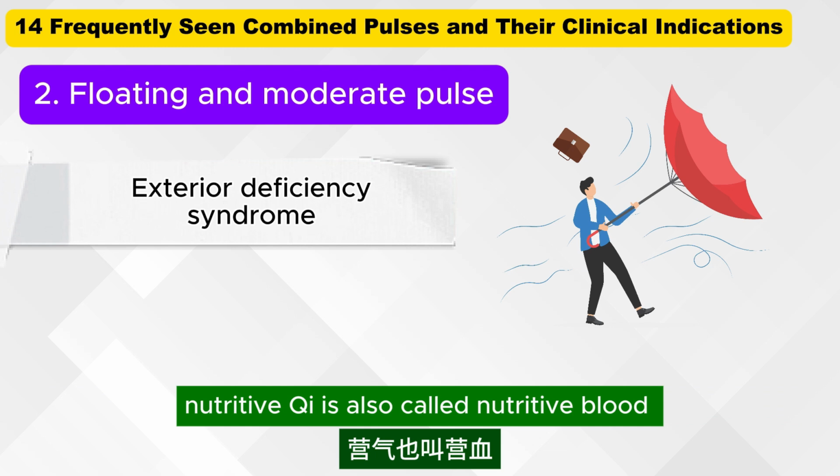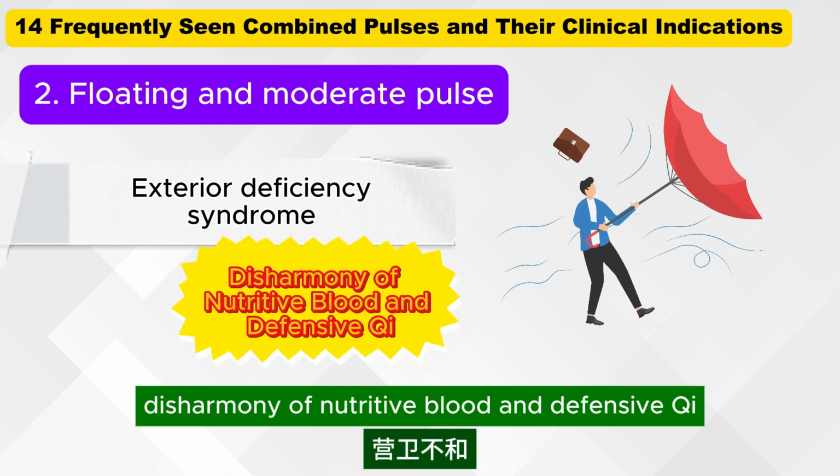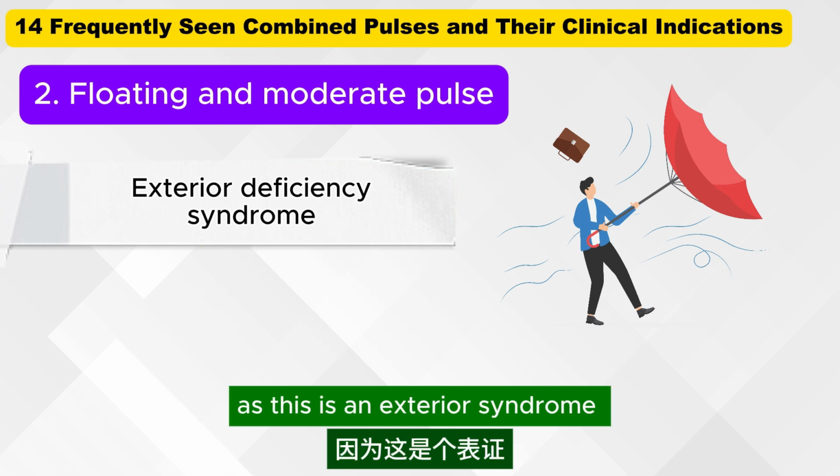Nutritive qi is also called nutritive blood, so this situation is also called disharmony of nutritive blood and the defensive qi, and its main symptoms are fever and spontaneous sweating.